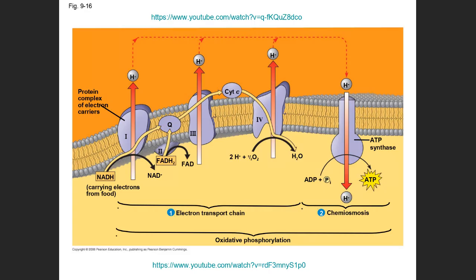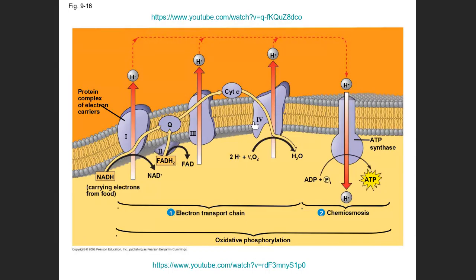So here we see the inner mitochondrial membrane with all the protein complexes embedded in the membrane. NADH donates to the first complex in the chain, and this complex gets excited. It transports the hydrogens. As the electrons are passed from complex to complex, it causes more hydrogens to get pumped.